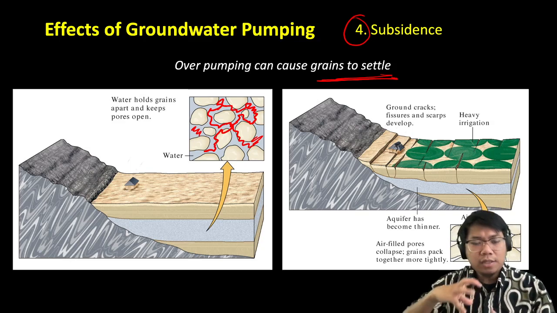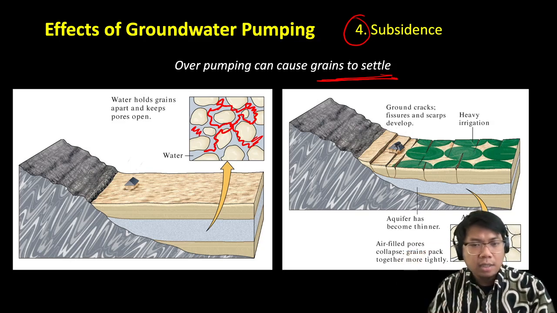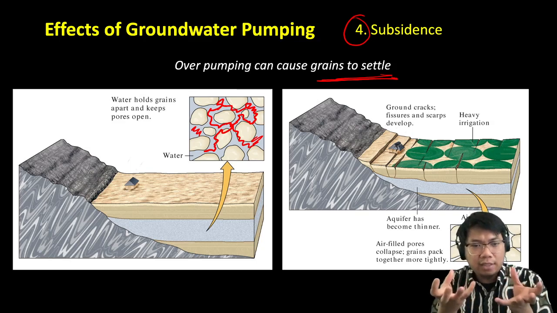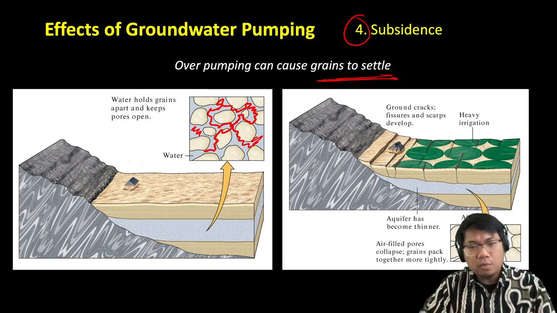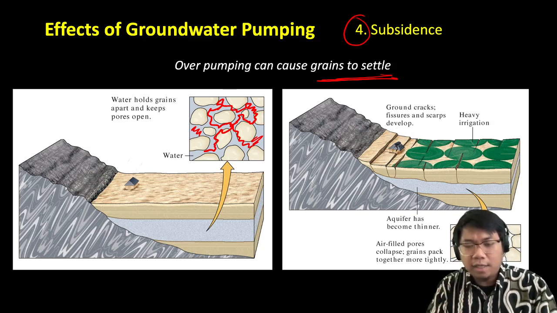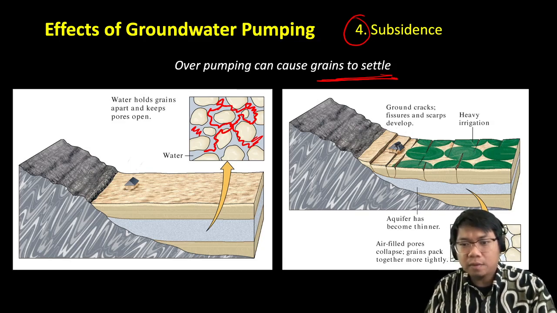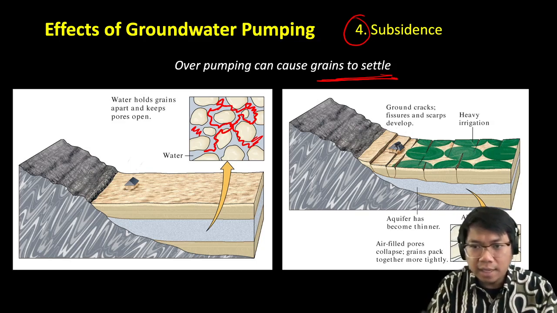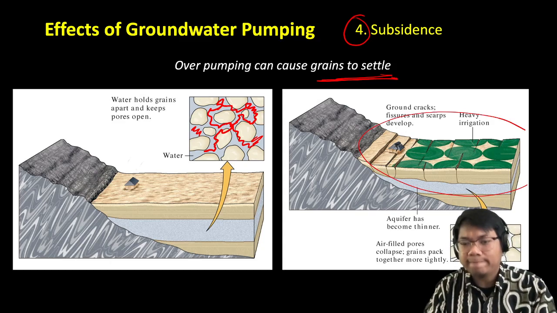But once you take the groundwater out of these pore spaces, the grains will start to settle and everything will collapse, because there won't be any water pressure left to hold these grains together. So the grains will collapse and eventually create land subsidence on the surface as well.